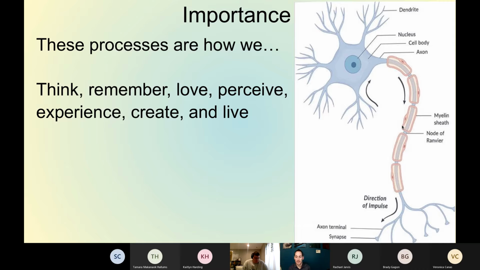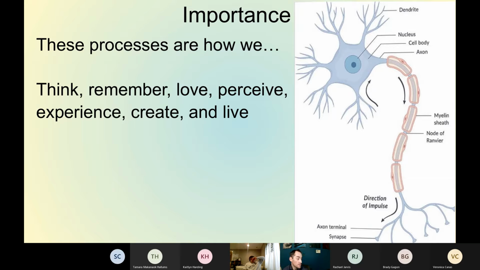So this is a really important process to understand, because the connection between neurons, we'll see even in just a couple minutes as we talk about it in relation to infant motor development and perceptual development. This process is really important for us to do anything in life.